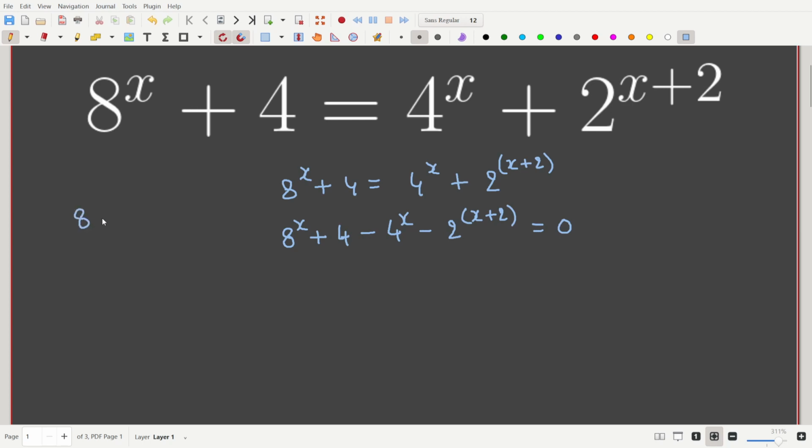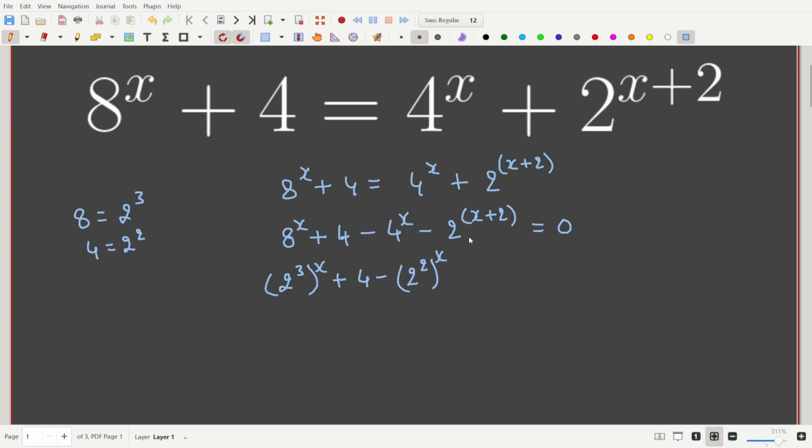Now we can write 8 as 2 raised to the power 3 and 4 as 2 raised to the power 2. So this 8 becomes 2 raised to the power 3 to the power x. We will leave this 4 as it is, and this 4 becomes 2 raised to the power 2 raised to the power x.